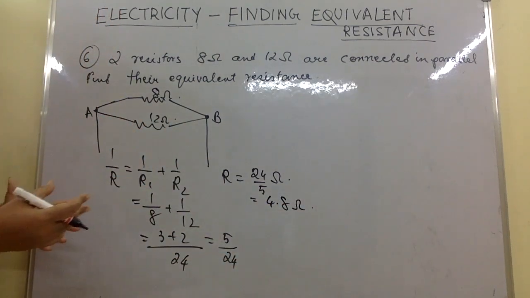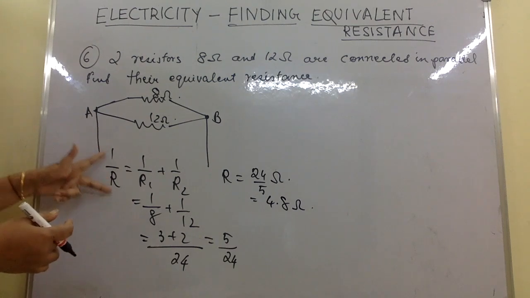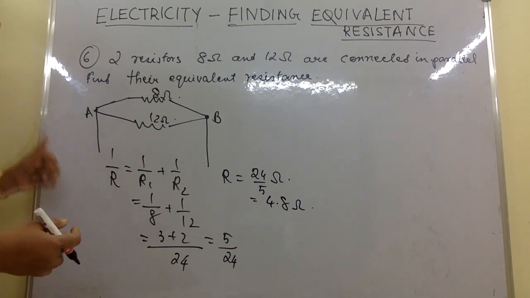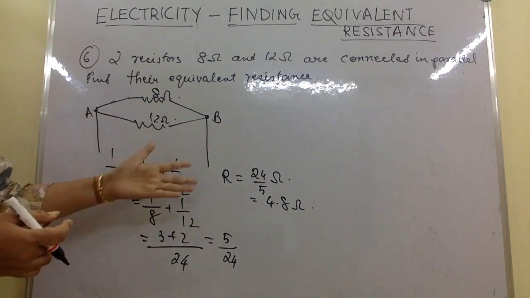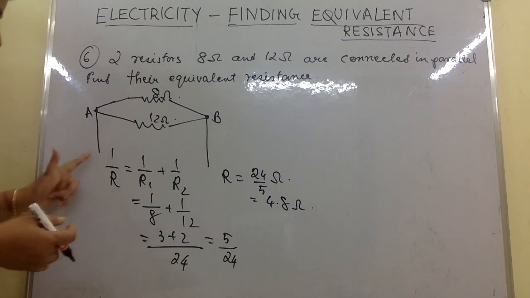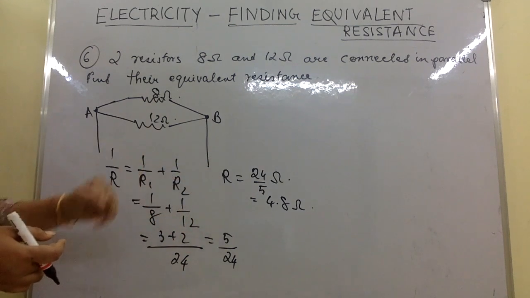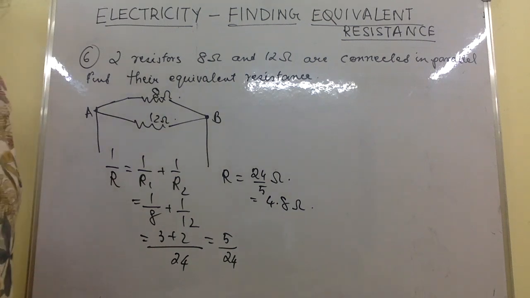That is the equivalent resistance when they are in parallel. We use this formula, so you have to remember it, and always remember to write the reciprocal of the value that you find, because 1 by R is equal to 5 by 24, so R is equal to 24 by 5.